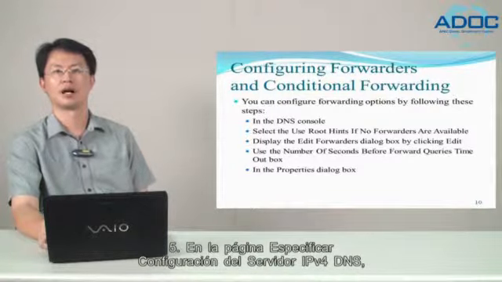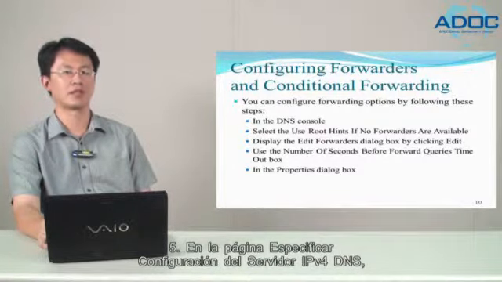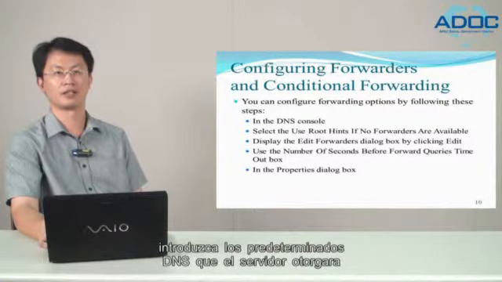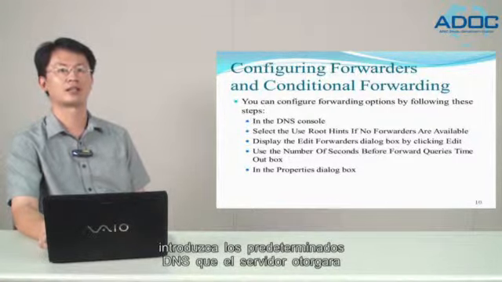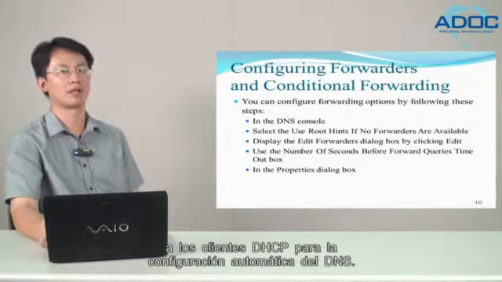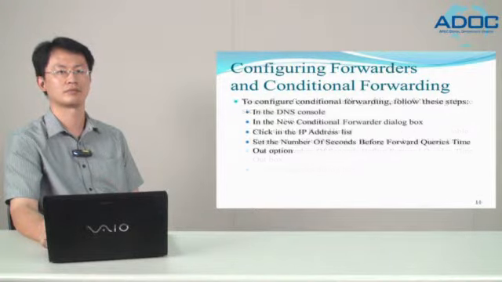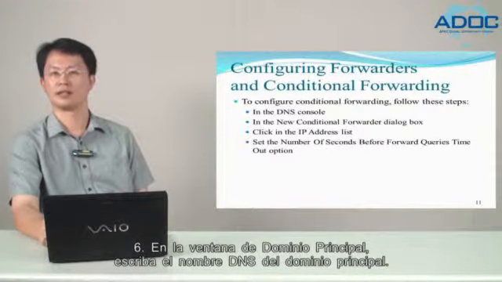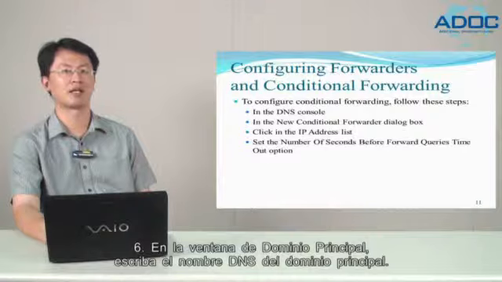Fifth, on the Specify IPv4 DNS Server Settings page, enter the default DNS settings that the server will give to DHCP clients for automatic DNS configuration. And six, in the Parent Domain text box, enter the DNS name of the parent domain.